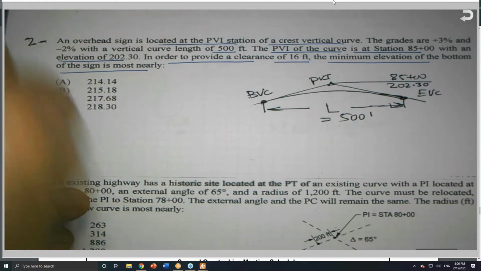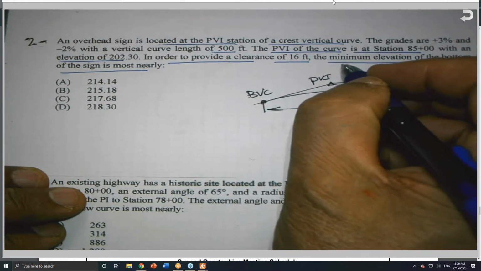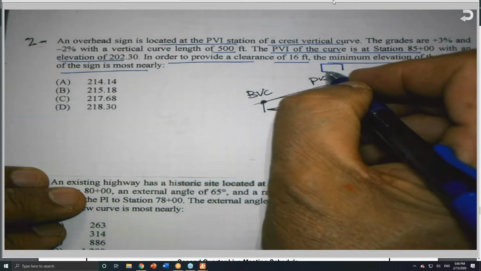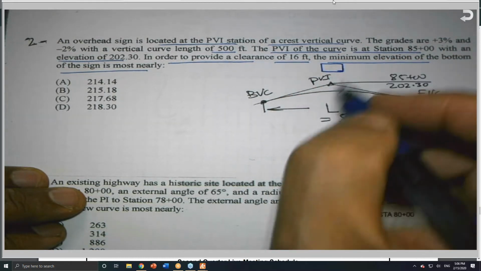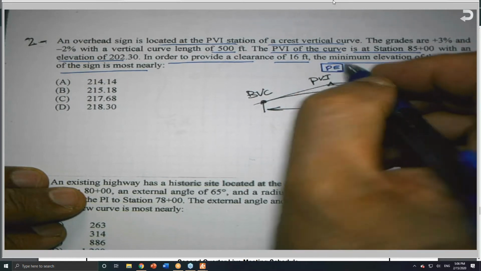And somebody put a sign here at this station. Somebody passed his PE and he is happy. He just passed his PE exam, so big sign.